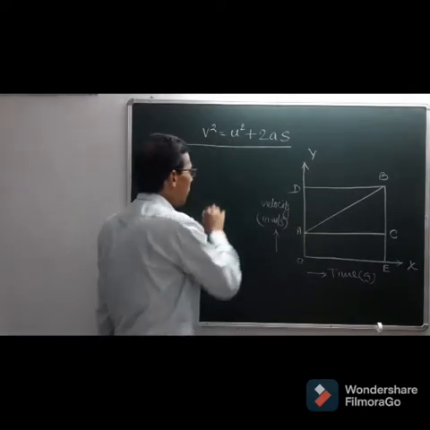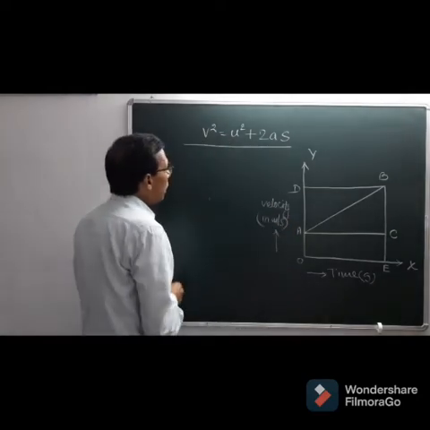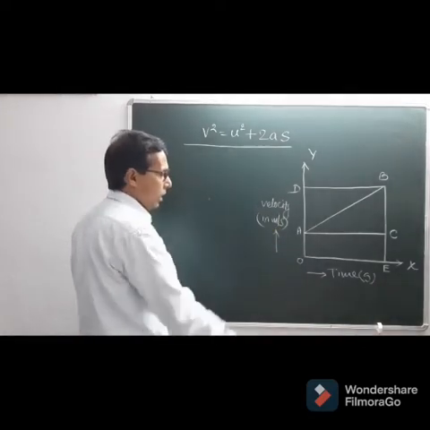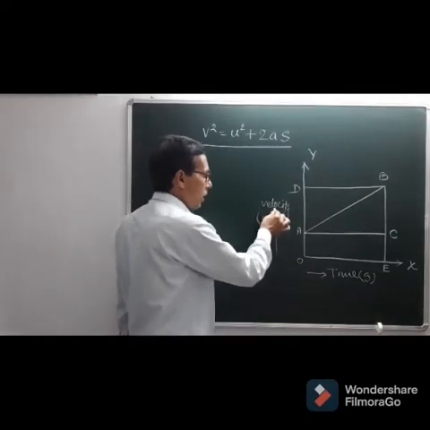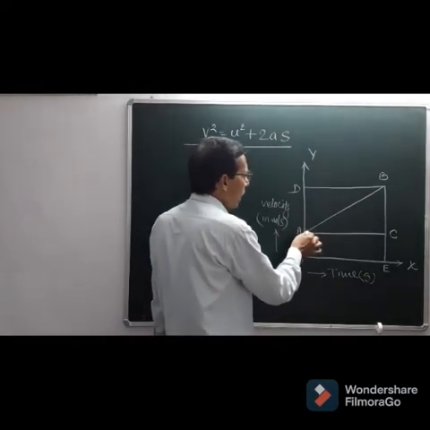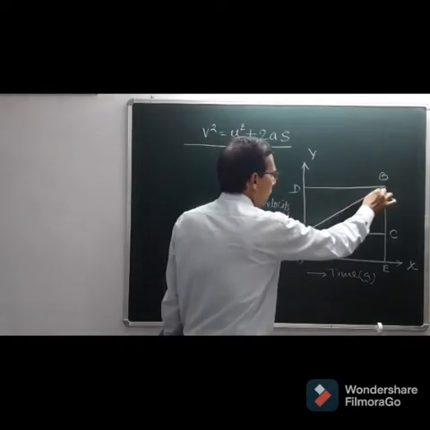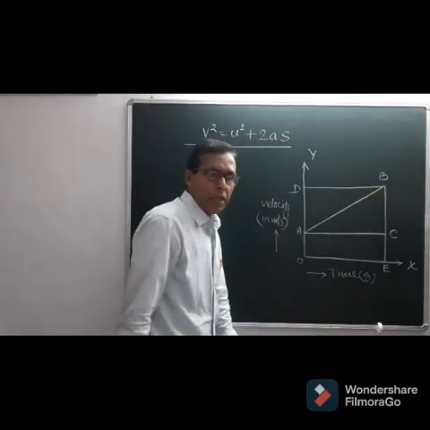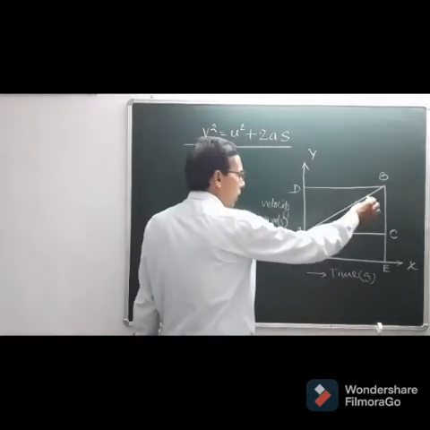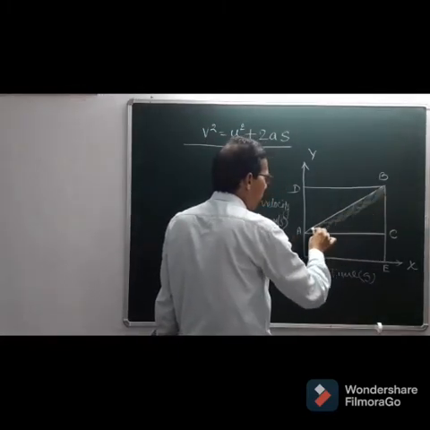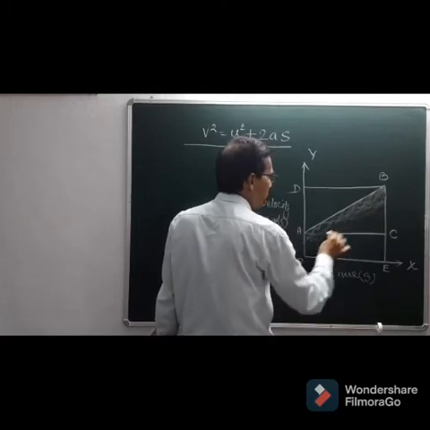We have to establish the relation between displacement and velocity, or distance and velocity. So we know that the area under the straight line AB gives displacement or distance covered by the body.